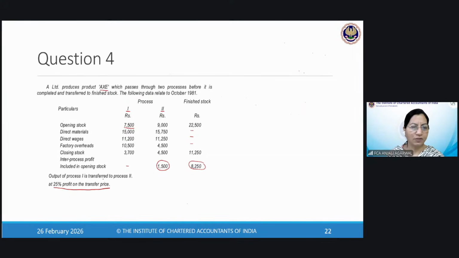The output of process one moves to process two at 25% on transfer price. Here it is 25% on transfer price, which means process one charges 1/4 on transfer price, 1/3 on cost. So process one will charge 1/3 profit on cost.